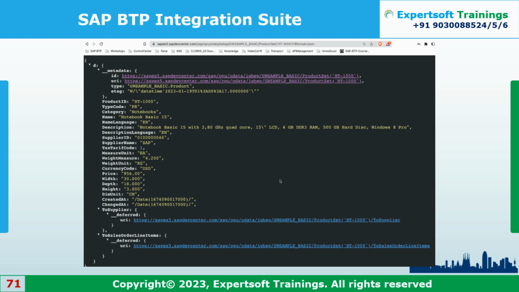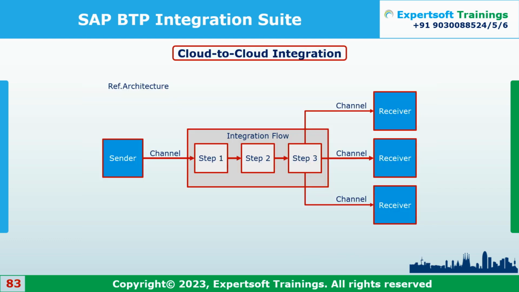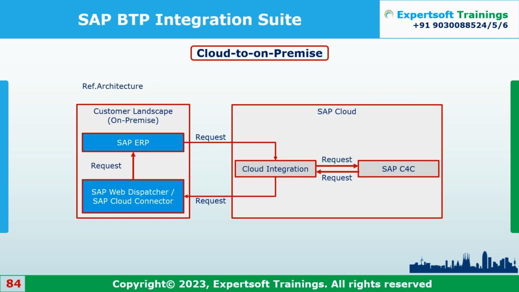See this. The sender steps, the integration flow steps, we perform here, and the multiple results we are sending go to cloud integration. So here the sender is cloud and the target is cloud. And then cloud to on-premise. In between, in a cloud to on-premise landscape, we have a cloud connector, which is like a web dispatcher here.